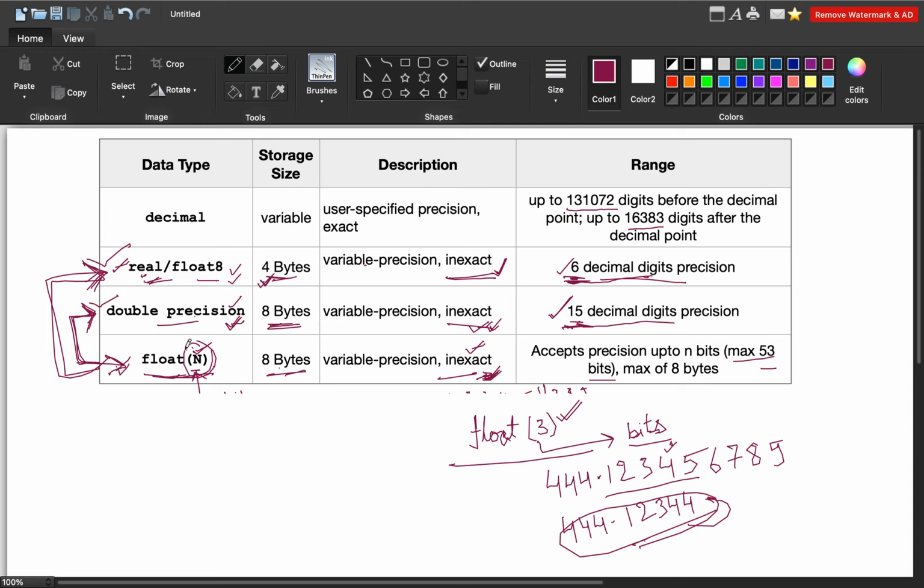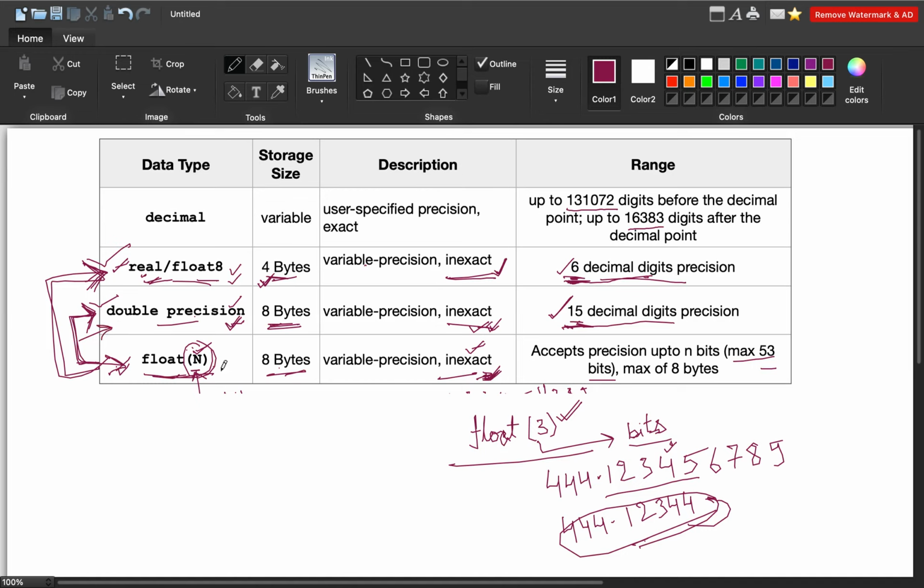If you are defining a smaller number of bits for float n, then it will convert to real or float 8. But if you are defining a higher value, then it will convert to double precision, right?